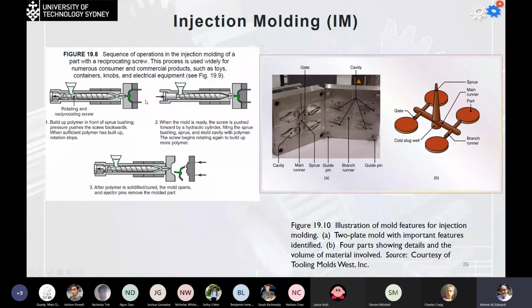At the minute I close the die, the rotating screw will start to rotate and fill the plastic within the mold. When I reach a certain amount of pressure, it will hold, and then it will retreat in the other direction, open the mold, take the part off, and repeat the process.